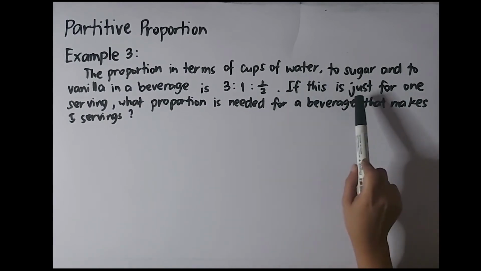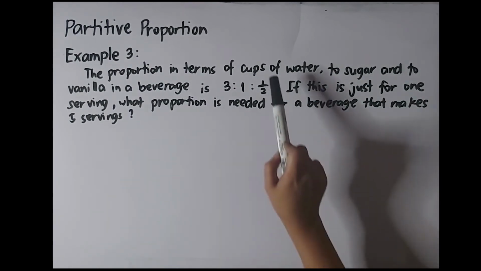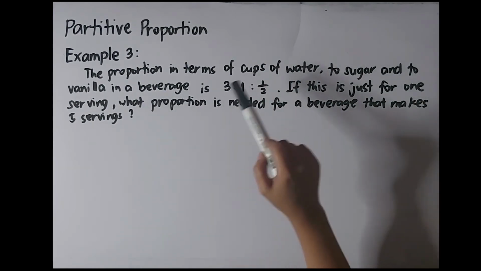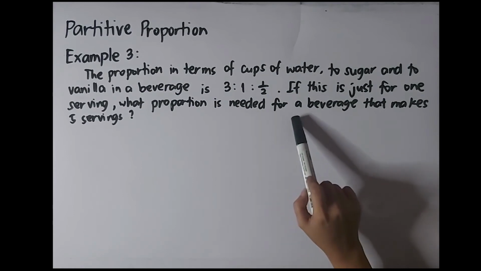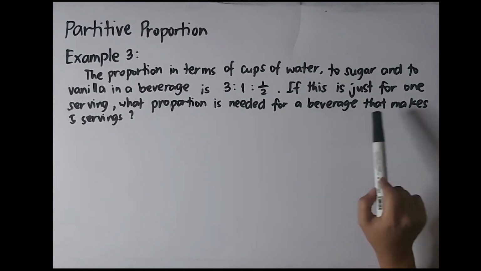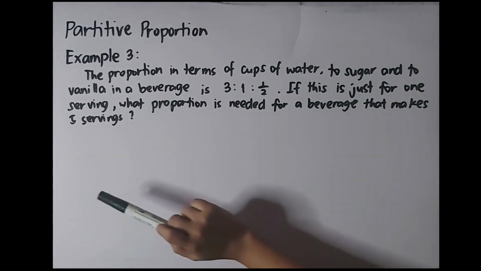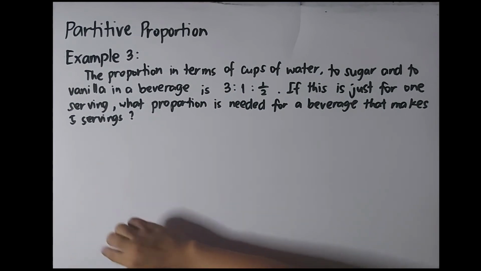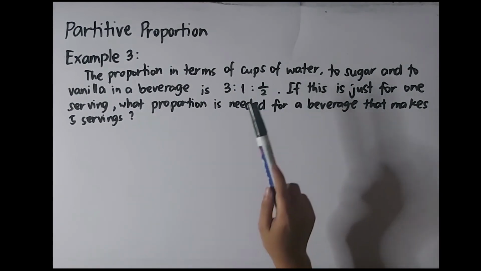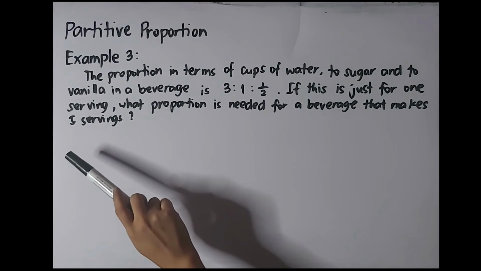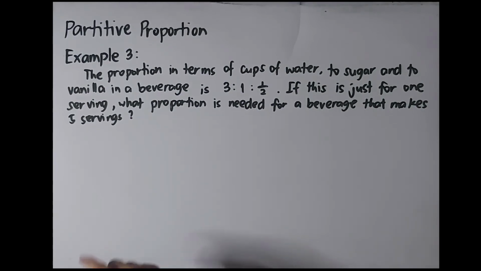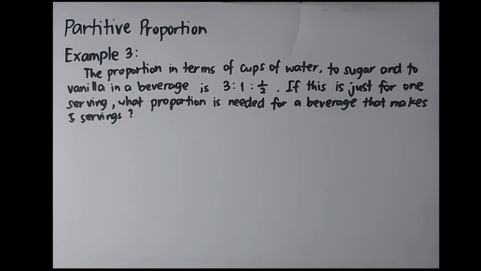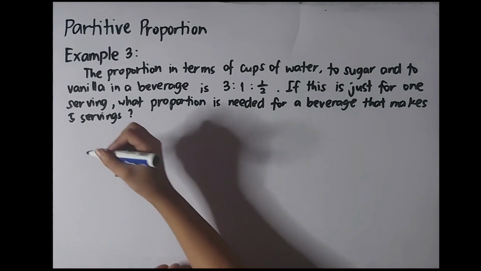If this is just for 1 serving, so this proportion of the ingredients is for 1 serving, what proportion is needed for a beverage that makes 5 servings? So this time, we have a given proportion and a given constant of proportionality, or the K. So we are looking for the proportion here.